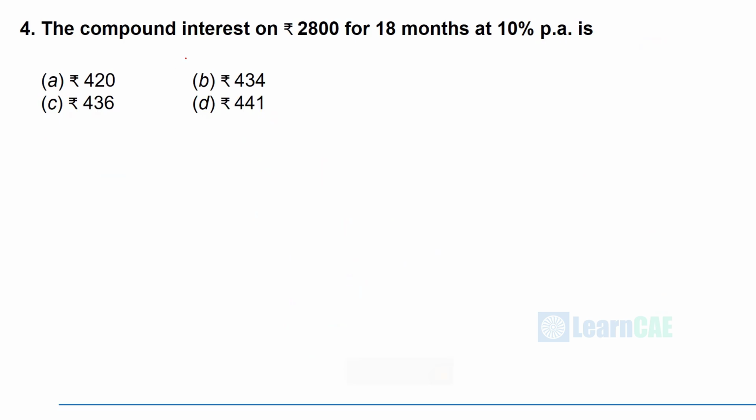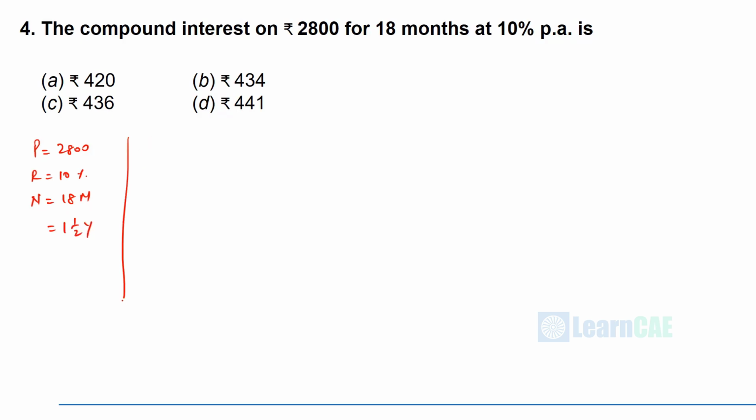Next question. The compound interest on rupees 2,800 for 18 months at 10% per annum is? Okay. This is similar to previous problems, but there is an additional piece of information. So let us start solving. The principal given is rupees 2,800. The rate of interest is 10%, and the time period, that is number of years, is equal to 18 months, which is again 1.5 years.